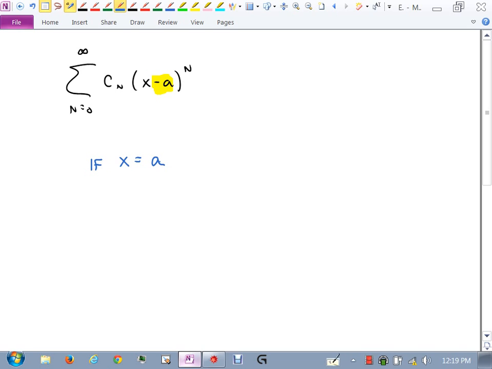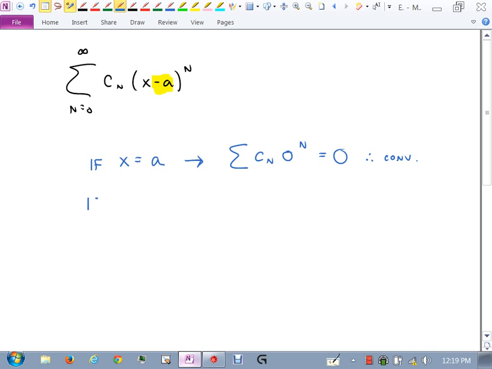So if that's 0 and I say add those up forever, that would converge, right? It would converge to 0. So if x equals a, this sum, x minus a, can I just put 0? Therefore, it converges. I mean, it converges to a trivial place, right? It adds up to nothing, but that's better than it adding up to infinity, which would mean diverge. So if x is a, this thing converges.